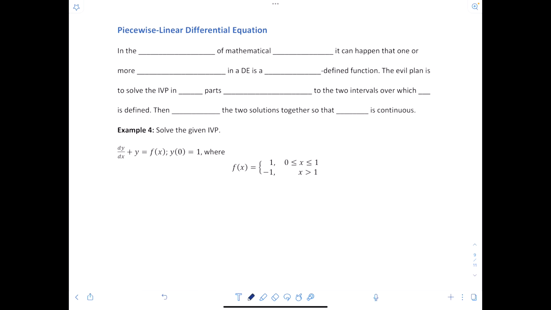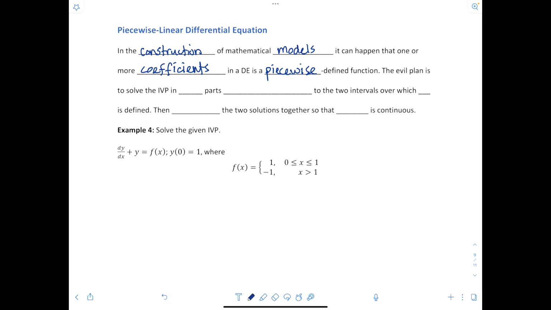In the construction of mathematical models, it can happen that one or more coefficients in a differential equation is a piecewise defined function.